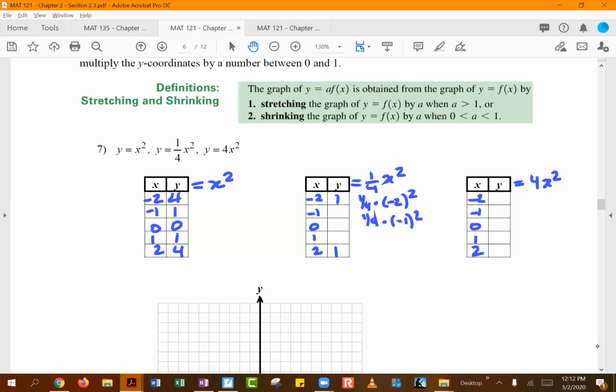So what's 1/4 times 1? 1/4. So these guys here will actually be 1/4 and 1/4. 1/4 times 0. 0. So you've actually got 3 good points in there, because that 1/4 will be harder to graph, but we do have 3 good points that we can use in there.